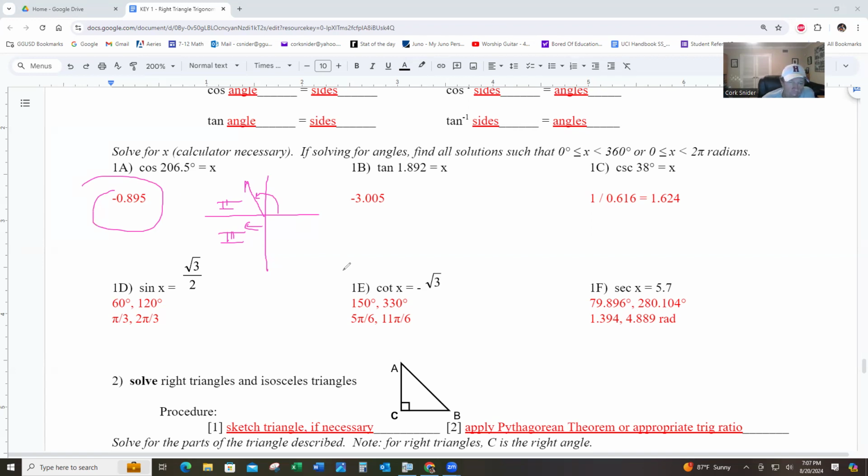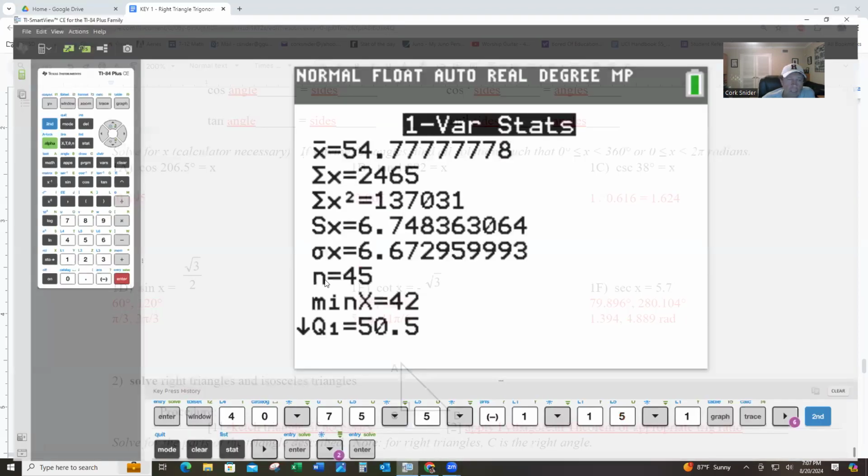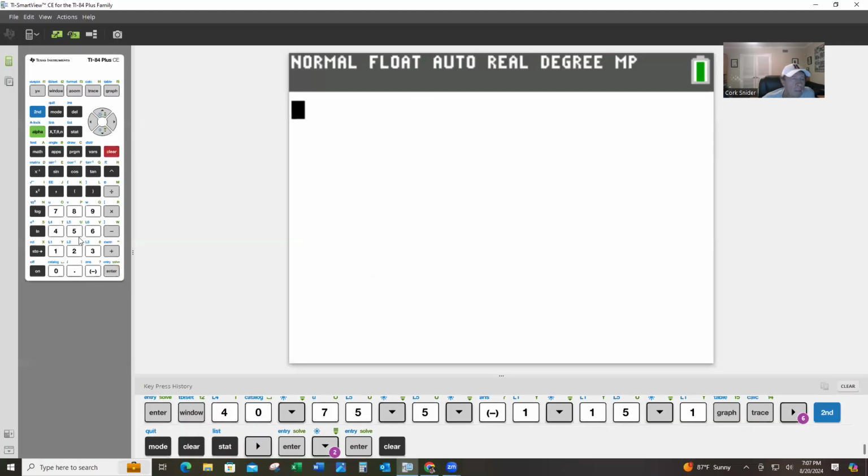Okay? So with that in mind, let's go ahead and jump into the calculator and get this done. I mean, you may not even care about all that I just explained. You still want to get the answer right, which is fine. Cosine of 206.5 degrees. Clear that. Before I do that, go to mode.